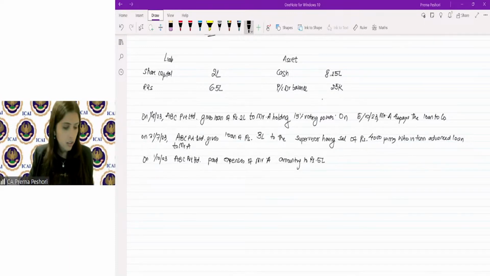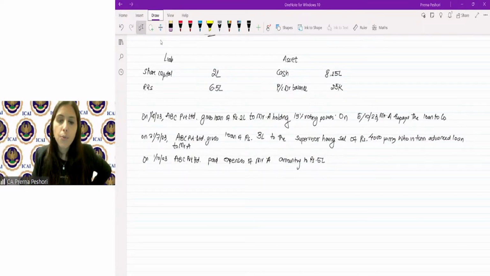First scenario where ABC is giving loan of 2 lakh to Mr. A. Will that be deemed dividend?